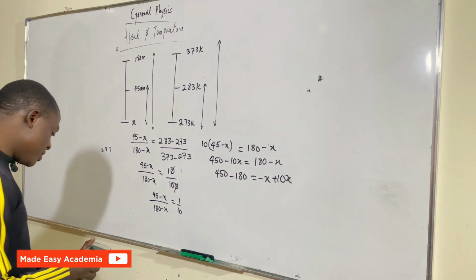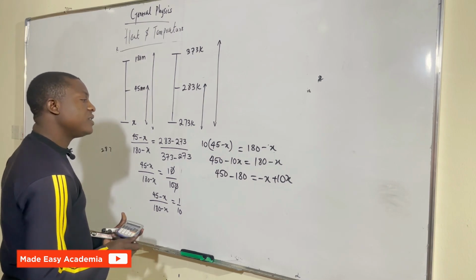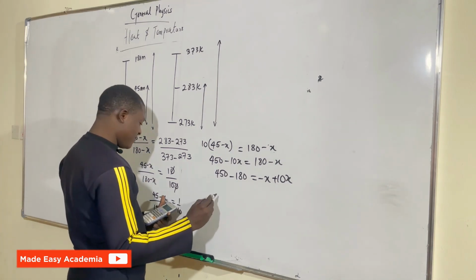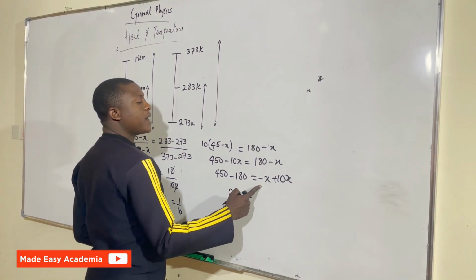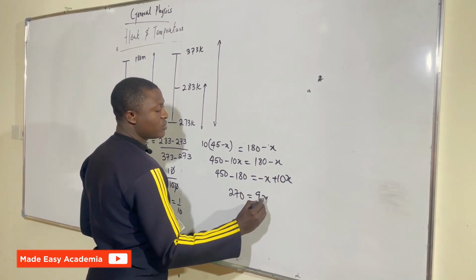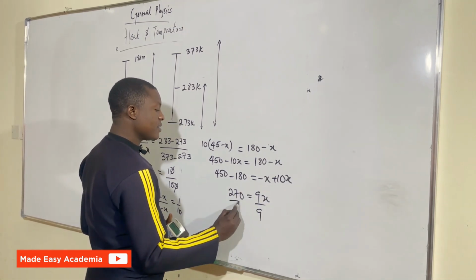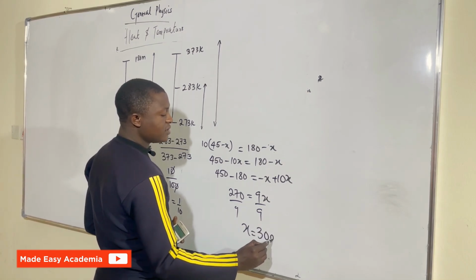So then come with our border. So here, if I do that, 450 minus 180, what are we going to have? We are going to have 270 is equal to minus x plus 10x. Definitely we are going to have 9x, right? Yeah, so divided by 9, so our x is going to be equal to 30 millimeter.